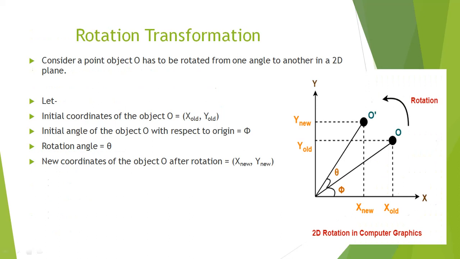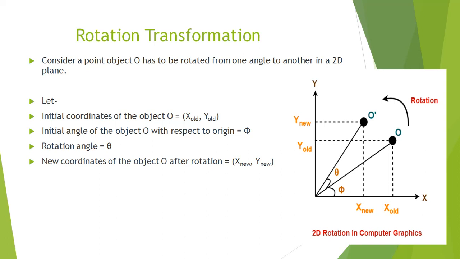Consider a point. See, this is the diagram for the rotation transformation. Consider the point object O to be rotated from one angle to another in the 2D, two-dimensional plane. Let's initialize the coordinates of the object, that is the x old and y old coordinates. These are the initial coordinates of the original object.